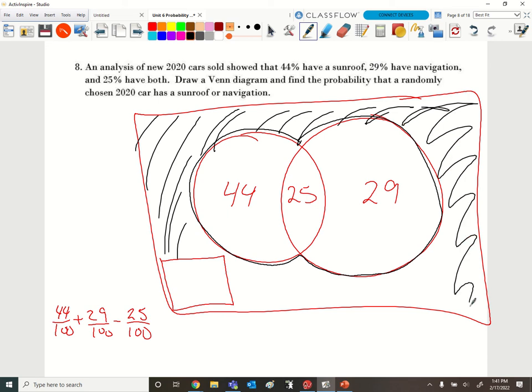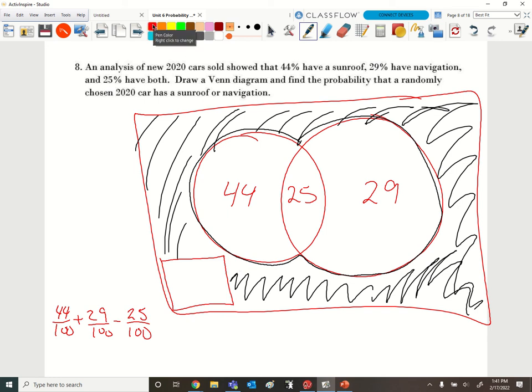So what does all this right here have to add up to be? All of it adds up to 100, right? So when I did my math over here, I come up with 48 over 100. So that means the inside circles together is 48 out of 100.